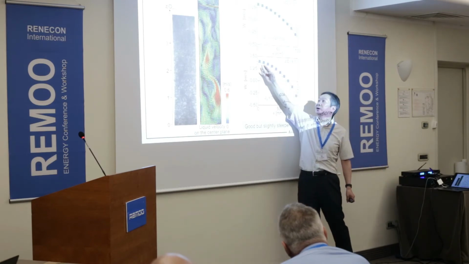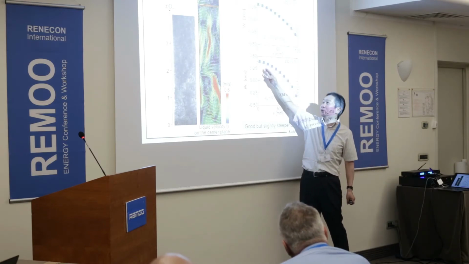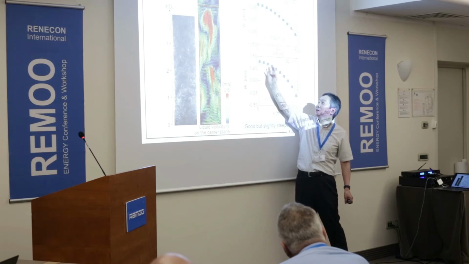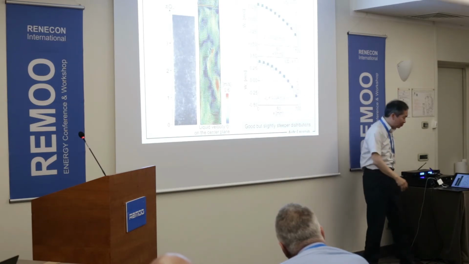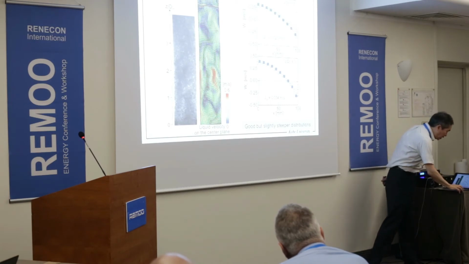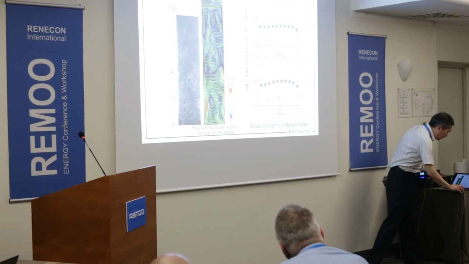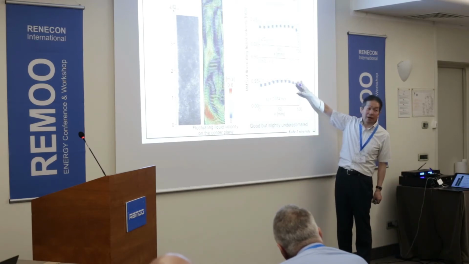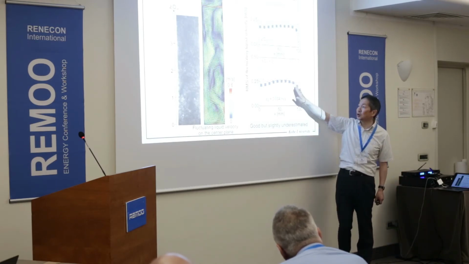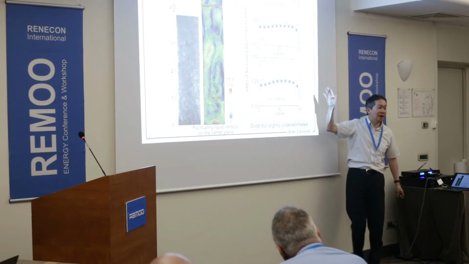But if you look carefully, you see that the prediction is a little bit steeper than the measured velocity profile. And this is a comparison of the turbulent fluctuation, the turbulent intensity, and again we could obtain very nice agreement.